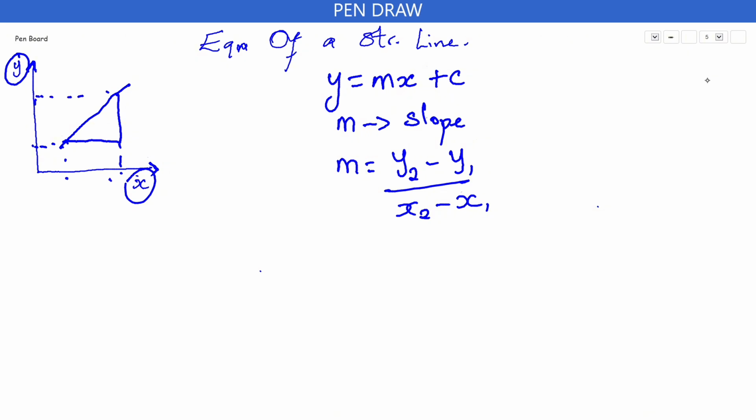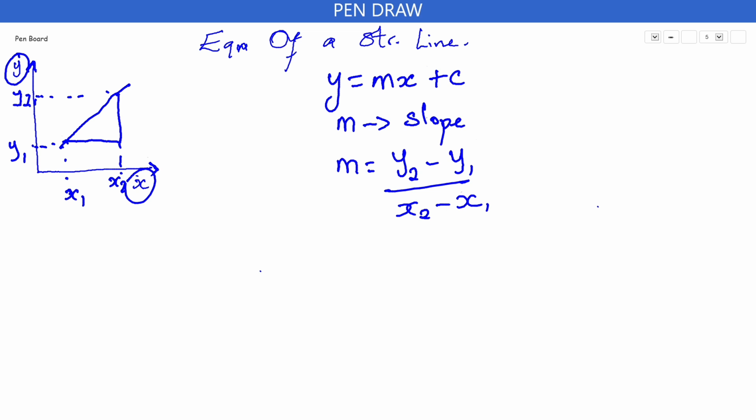So to get the slope is just y2 minus y1 over x2 minus x1. Don't forget that when we say a point on the Cartesian plane, we always have the x-axis and the y-axis. Do you understand?